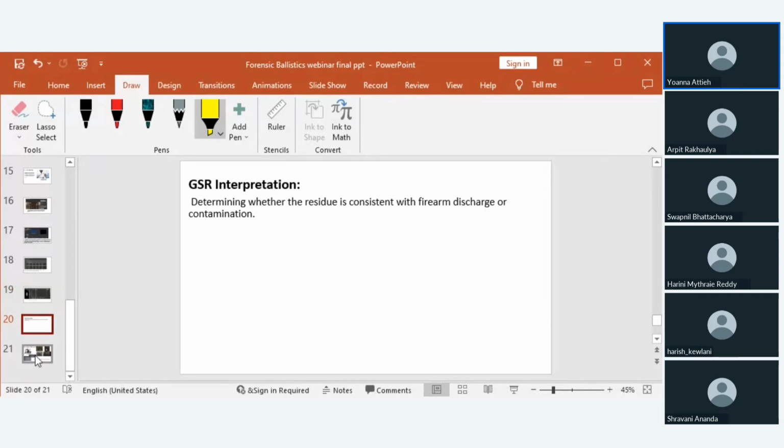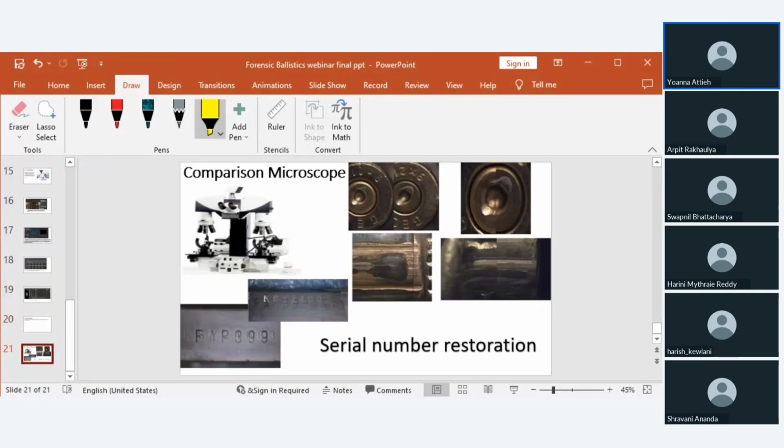Now, finally, we're going to talk about the comparison microscope. In forensic firearm analysis, guys, a comparison microscope is a very essential tool for examining bullets and cartridge cases. This device allows forensic examiners to compare two samples side by side, looking for unique characteristics such as striations and cartridge case comparison.